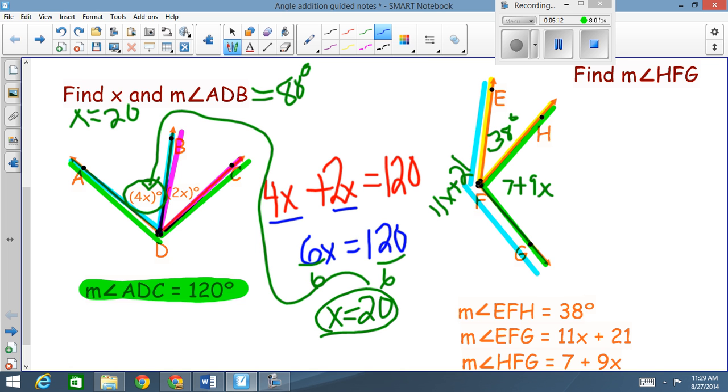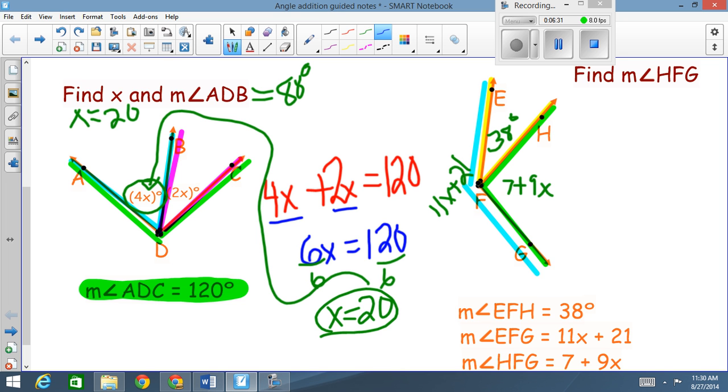So what's the equation? The equation is piece plus piece equals whole, or small angle plus small angle equals the whole angle. So don't think that the 38 degrees is going to be on the right side of the equal sign just because it doesn't have a variable, because that's not the case.